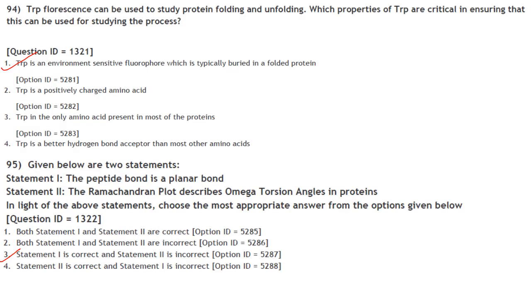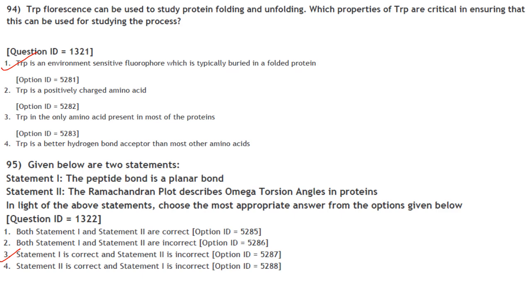Then next one. The TRP fluorescence can be used to study protein folding and unfolding. What properties of the TRP are critical in ensuring that this can be used for studying the process? TRP is an environment sensitive fluorophore which is typically buried in a folded protein. TRP is a positively charged amino acid.